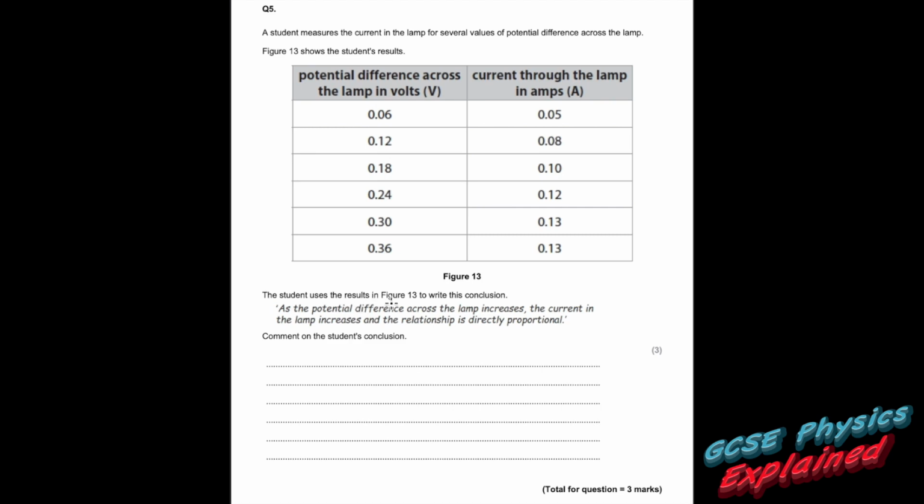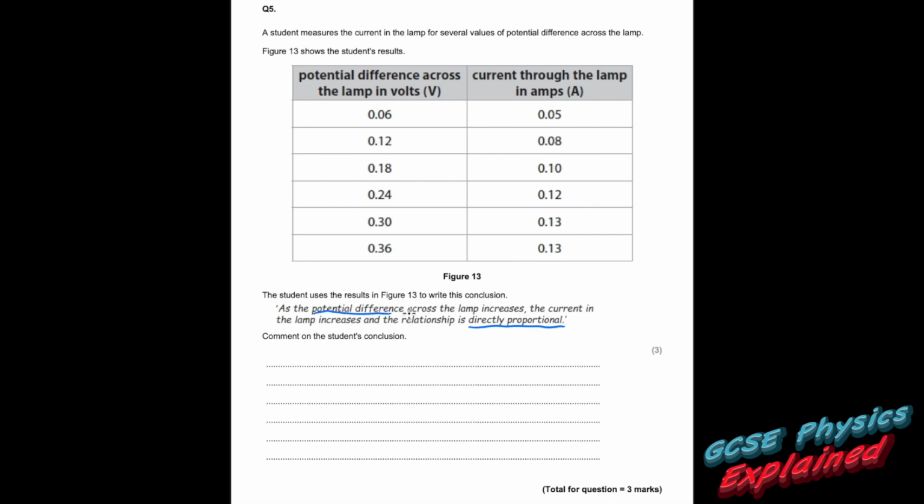The student uses the results in figure 13 to write this conclusion. As the potential difference across the lamp increases, the current in the lamp increases, and the relationship is directly proportional. Look, this is what I'm saying. You should know how to answer this before I even go over it, all right? So that builds your confidence.